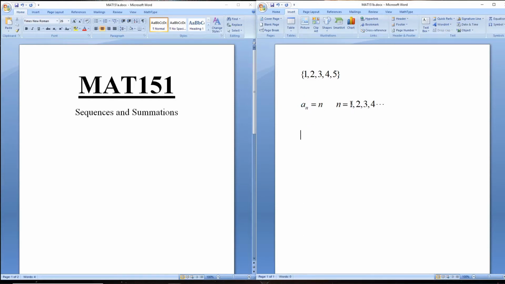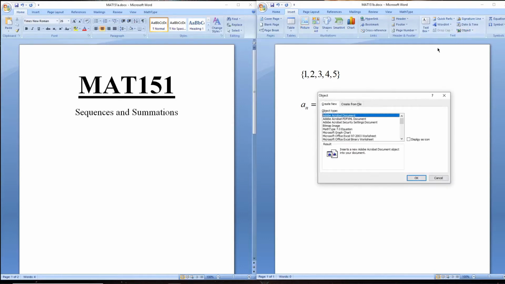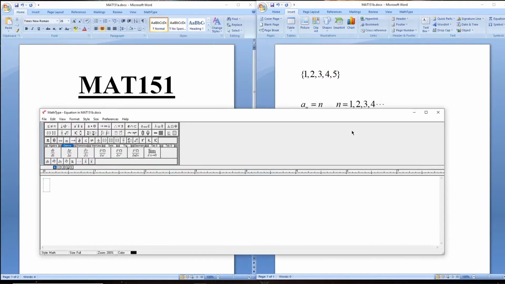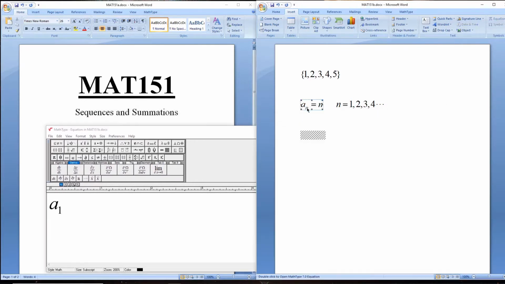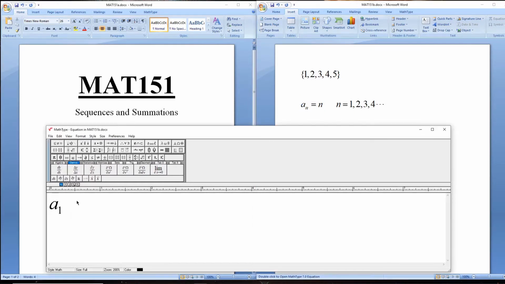And so what can we do with this then? Well, notice with our sequence, a sub n, if we write a sub 1, then that means using our equation right here, a sub n equals n. So if n equals 1, then a sub 1 equals 1.